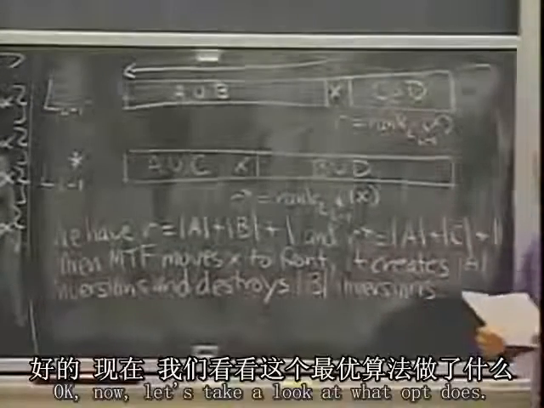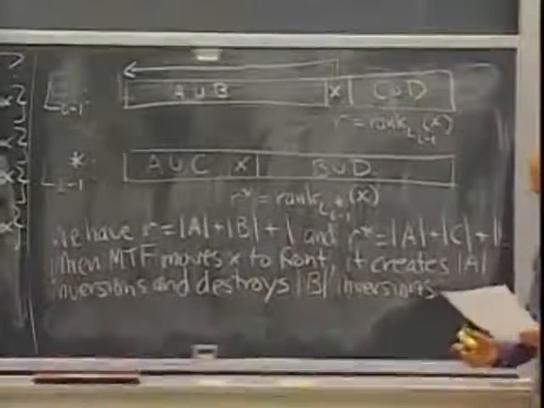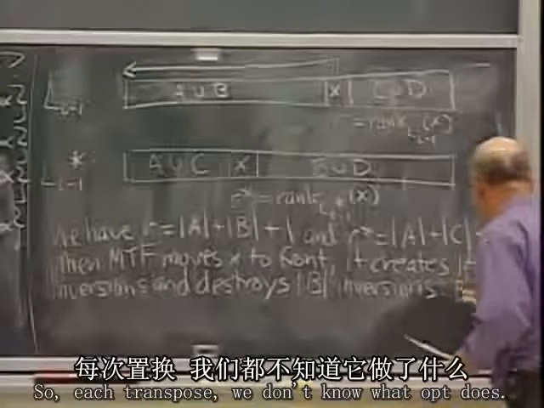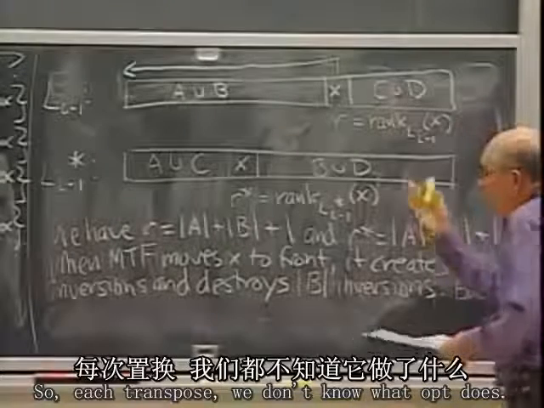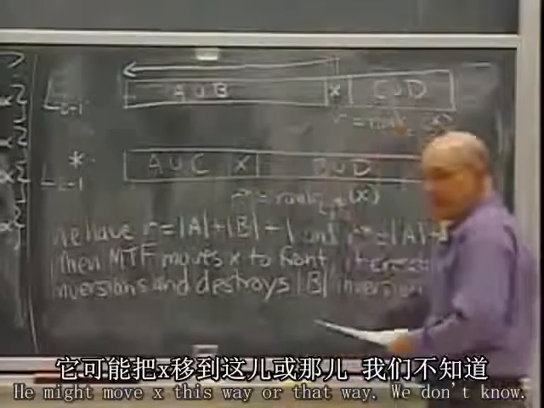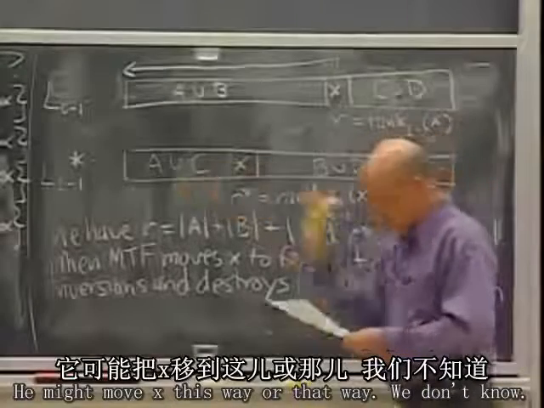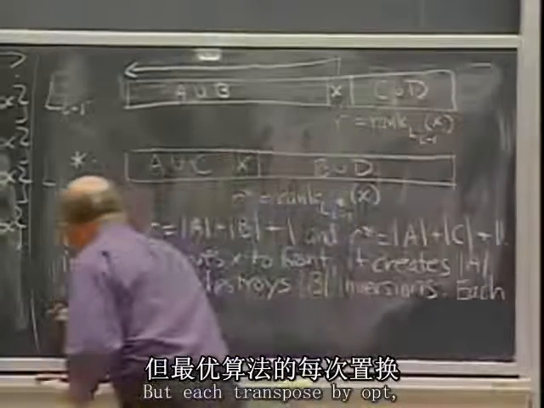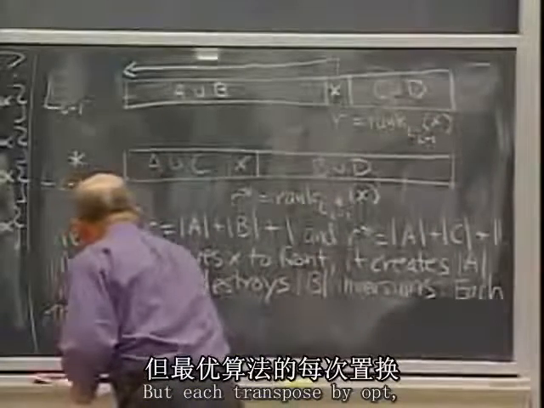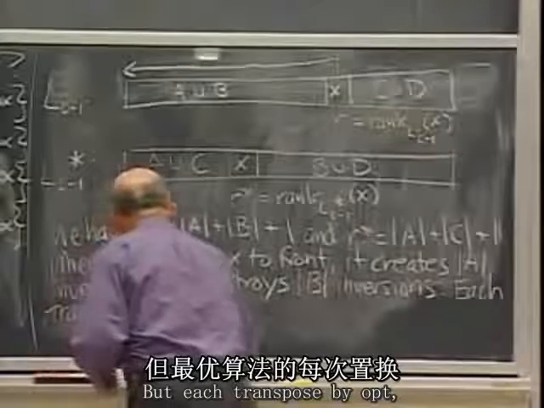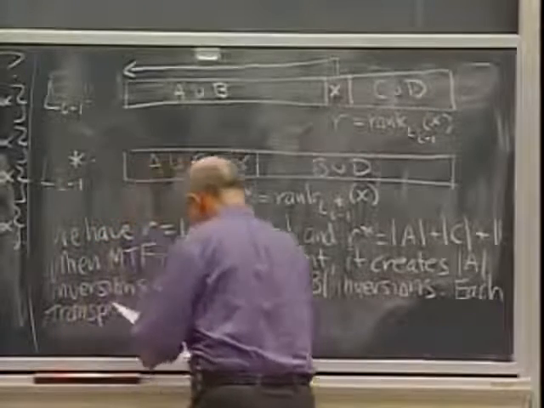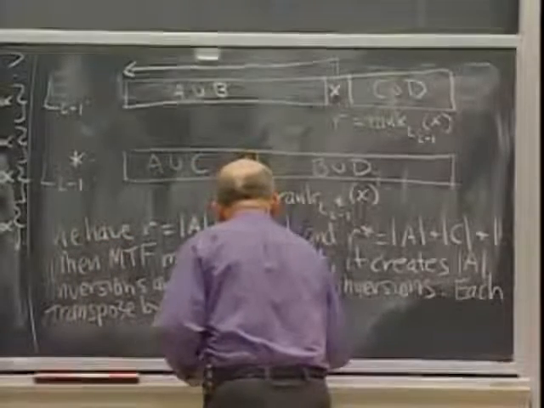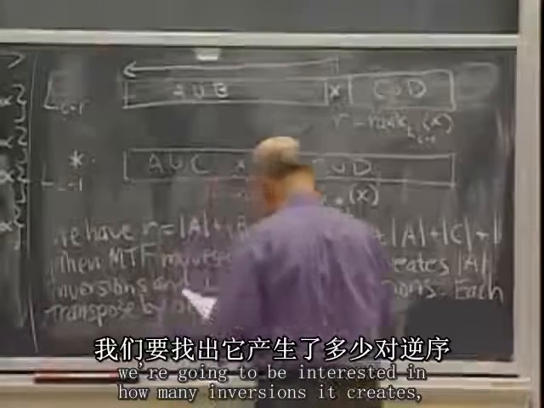Now, let's take a look at what OPT does. We don't know what OPT does. He might move X this way or that way. But each transpose by OPT, we're going to be interested in how many inversions it creates.